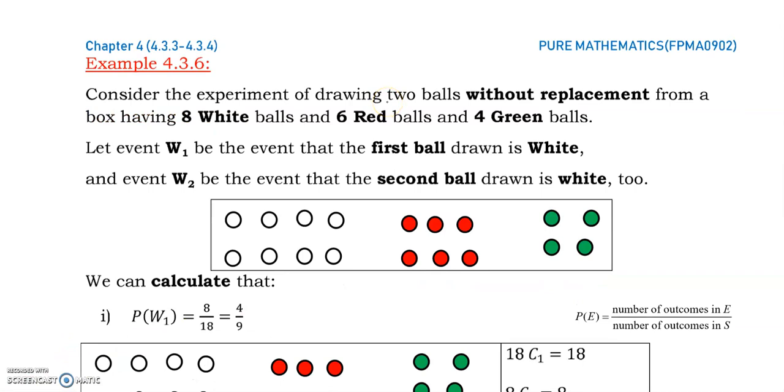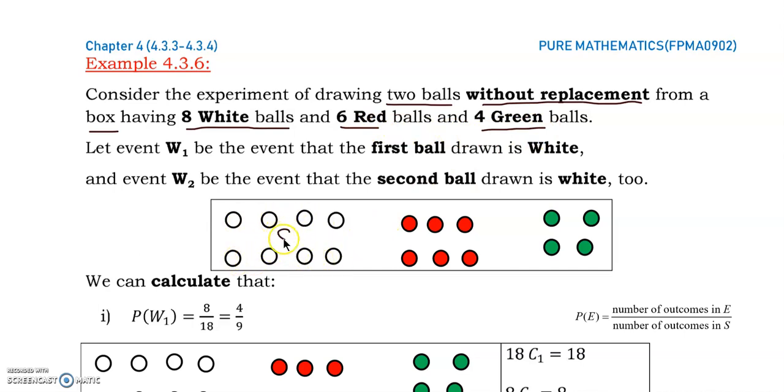Consider the experiment of drawing two balls without replacement from a box. In the box we have 8 white balls, 6 red balls and 4 green balls. Now you see here 1 2 3 4 5 6 7 8.